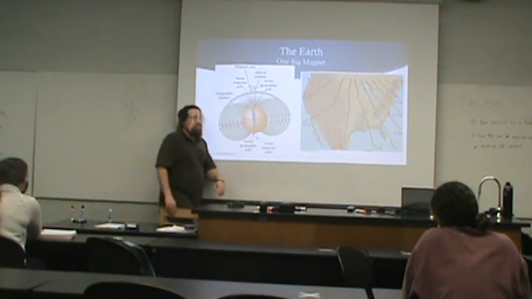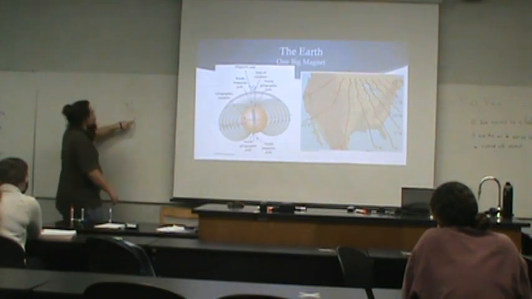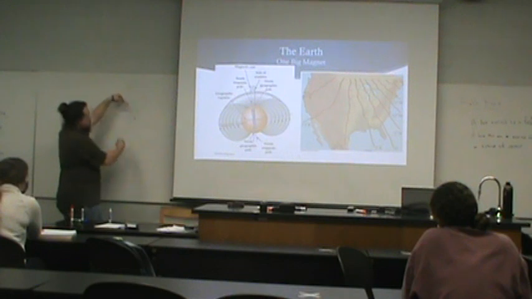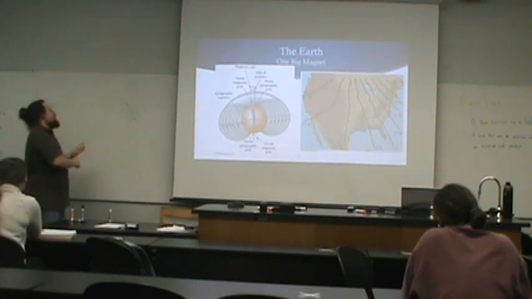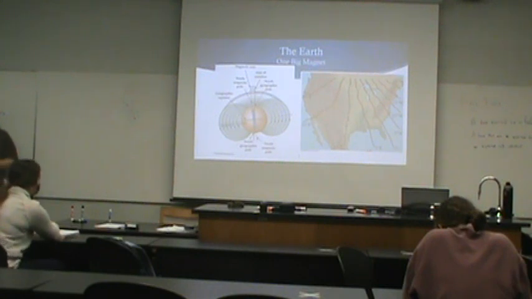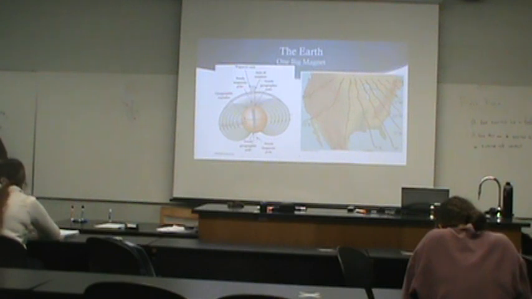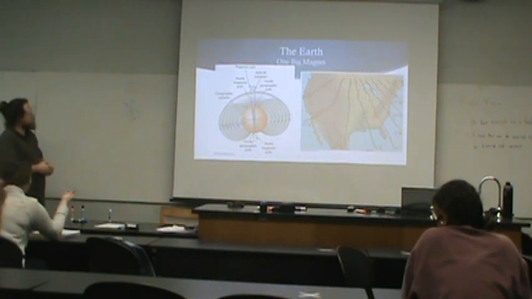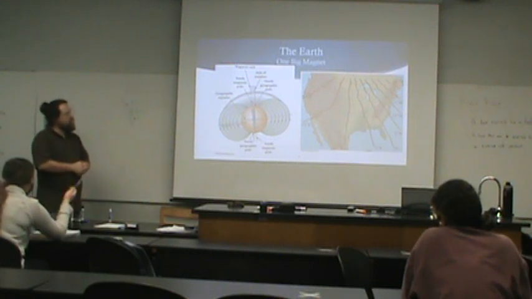The lines do stretch straight from the magnetic poles, north to south. And the compass is just a magnetic object that is designed to point one end towards magnetic north and one end towards magnetic south.